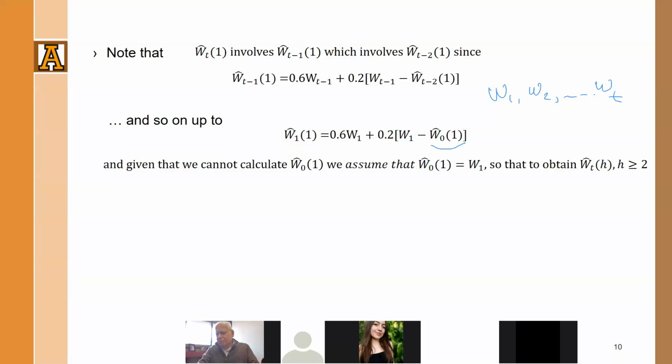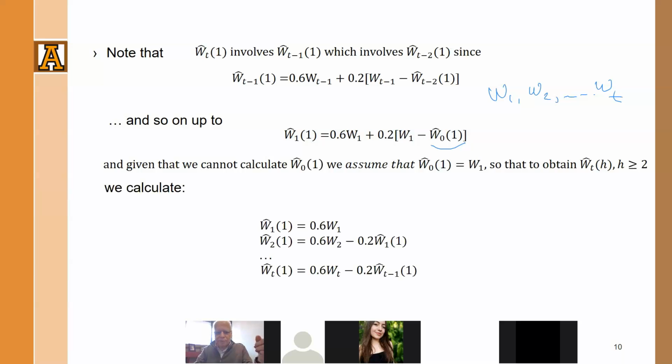Okay, so the forecast error at time 0, one period ahead, will always be the first observation. Therefore we can obtain the optimal forecast h periods ahead, for h greater than or equal to 2, in a recursive way. So we have Ŵ_1 one period ahead is 0.6 W_1.